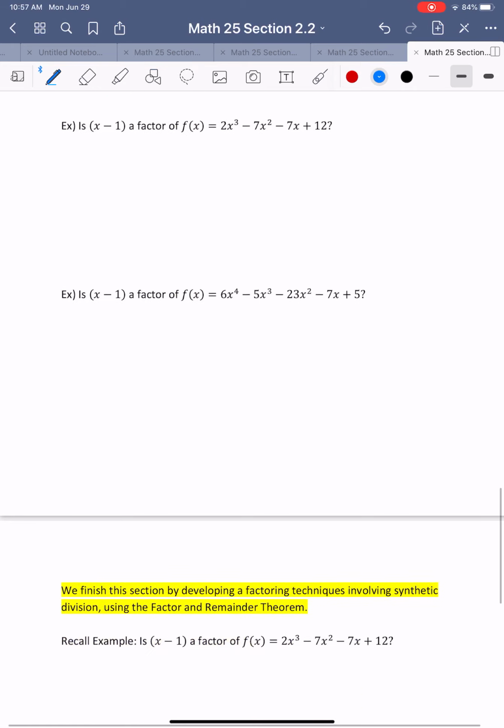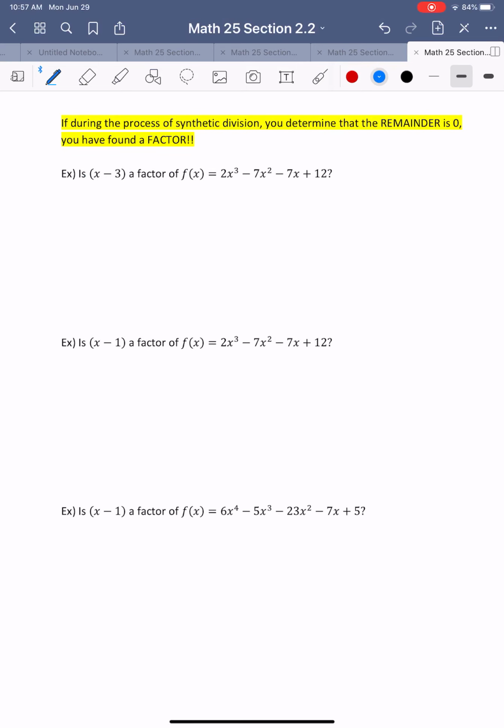Okay, so let's look at it. If during the process of synthetic division you determine the remainder is 0, we have found a factor. If not, that's not a factor. We want to make sure these are factors. So I pulled out 2, -7, and 12, and then x minus 3, that's what I use.